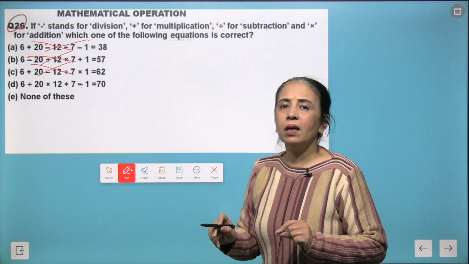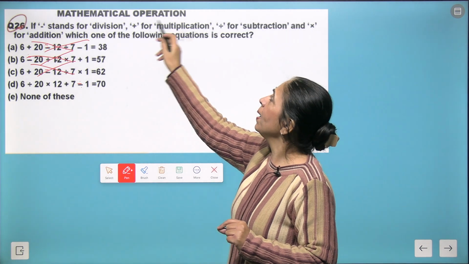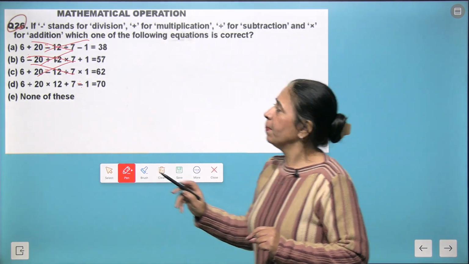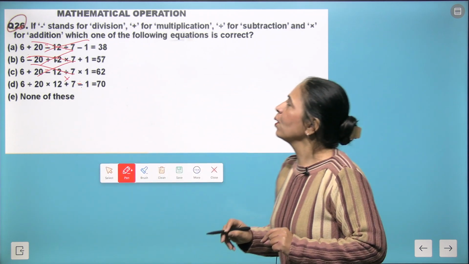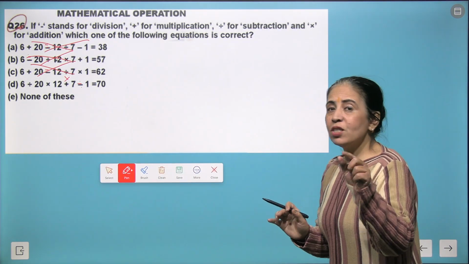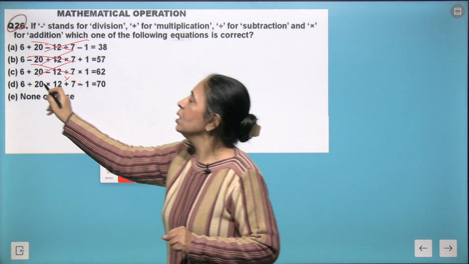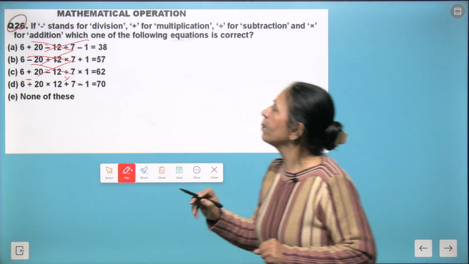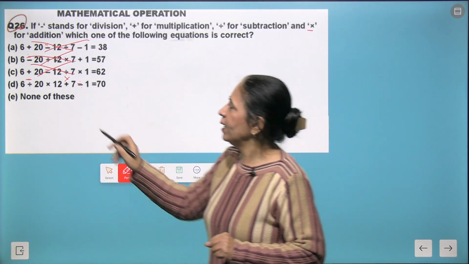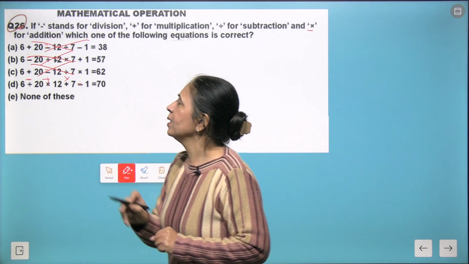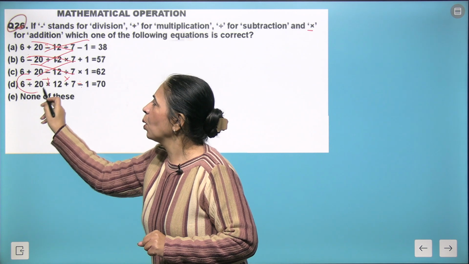Let's try other symbols. Plus is for multiplication. So wherever plus is coming, we use the sign of multiplication. Division is for subtraction. So this changed to a subtraction sign, and multiplication is for addition. This becomes addition. Now let's try solving it.